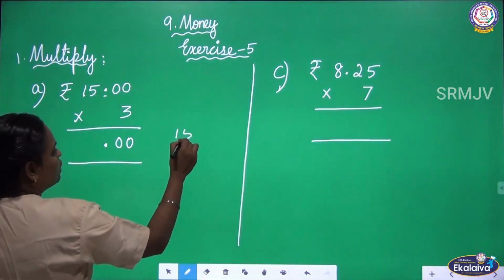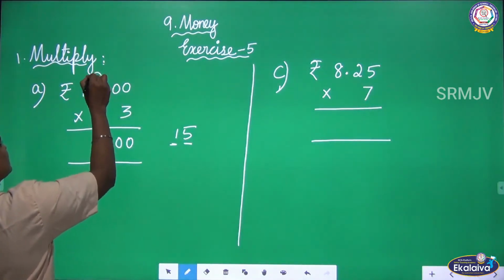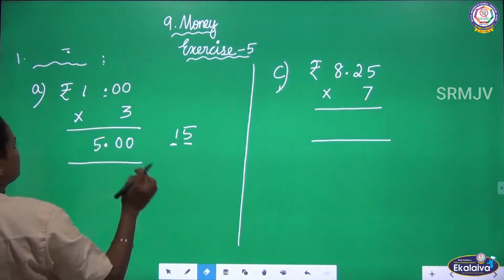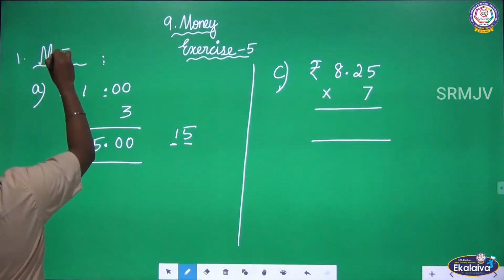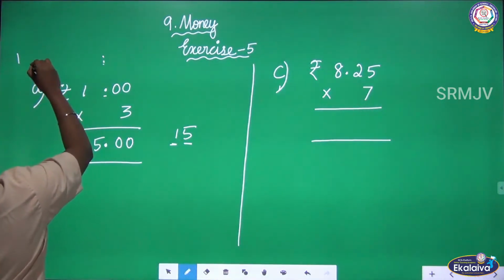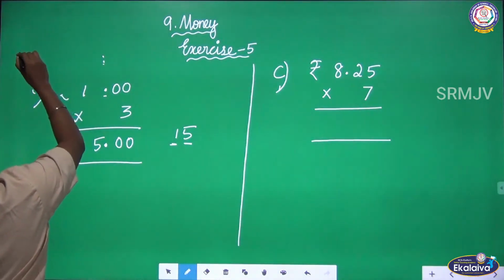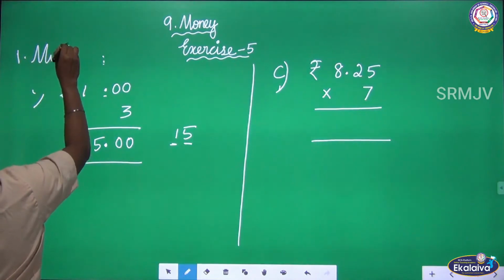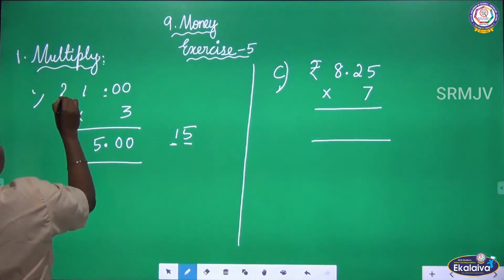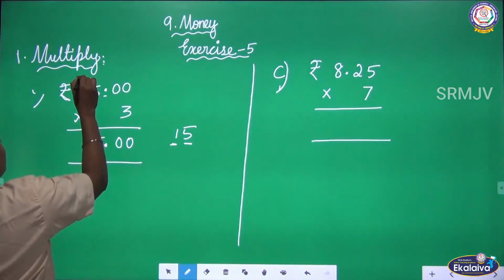So you write this 5 here, then 1 carry over in the next place.